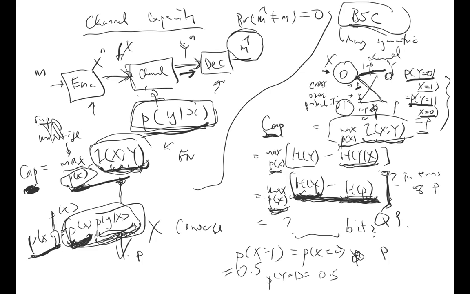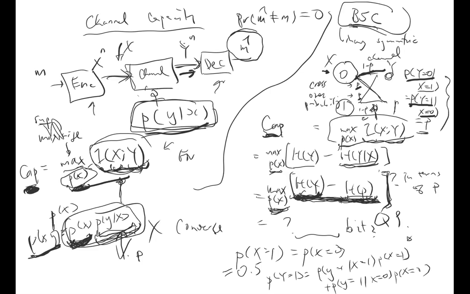Why is P(Y=1) equal to 0.5 in this case? Maybe I'll write it out. P(Y=1) equals P(Y=1|X=1)P(X=1) plus P(Y=1|X=0)P(X=0).